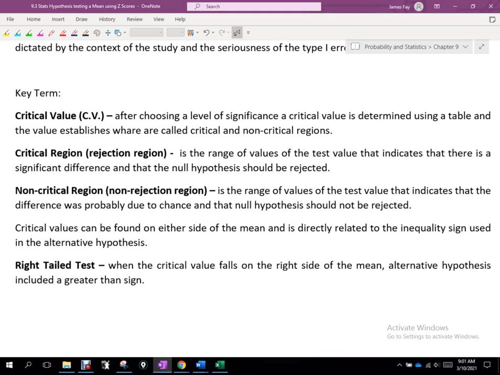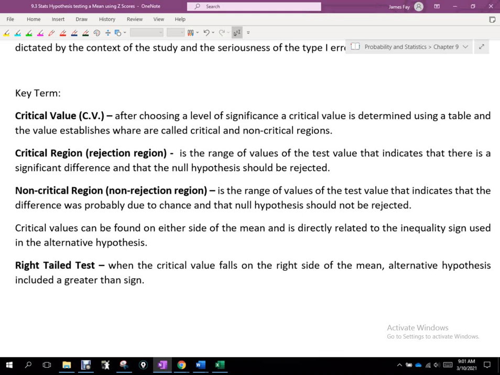So we'll take on all these, we'll draw a picture. We will do the calculations to identify the critical regions. Then we'll take our sample data, do the calculations on that, and fit that calculation into our normal distribution.